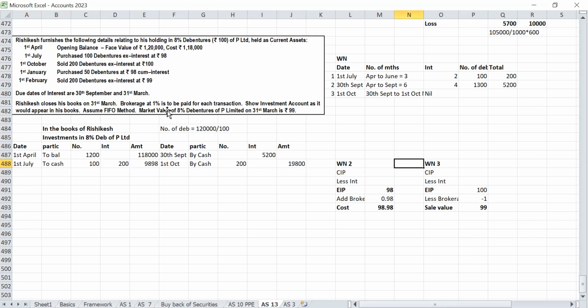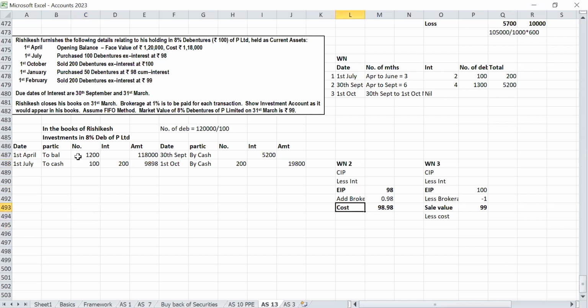Then whenever a sale is there, cost as per which method? Assume FIFO method. Under FIFO we are selling 200 debentures from the opening balance.